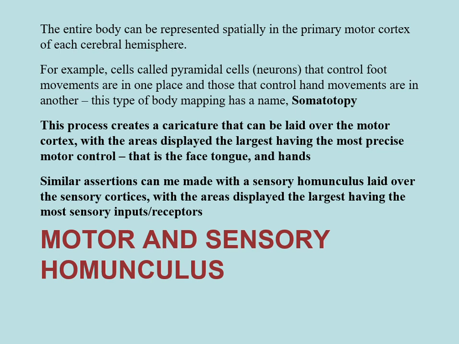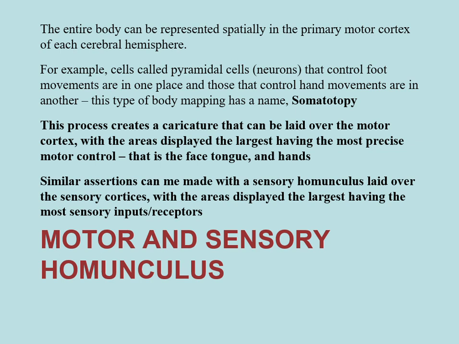It looks kind of like a caricature when you look at this map, and it's a caricature that can be laid over the motor cortex. The areas displayed as the largest structures, like a big hand or a small foot, as we'll see in just a moment, let you know which areas have more precise motor control and which don't.